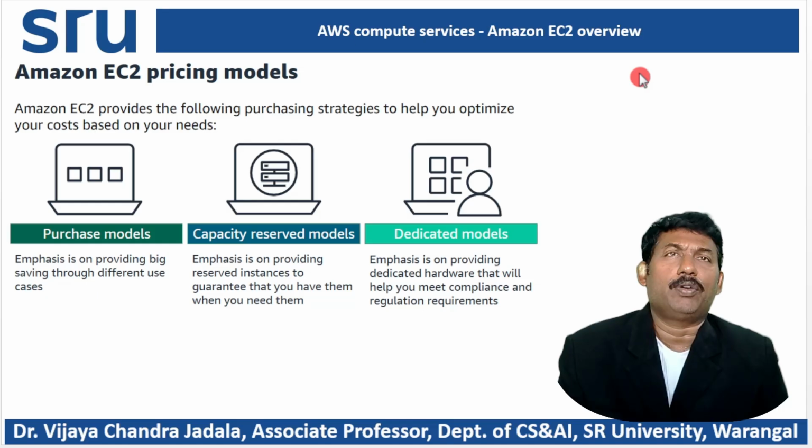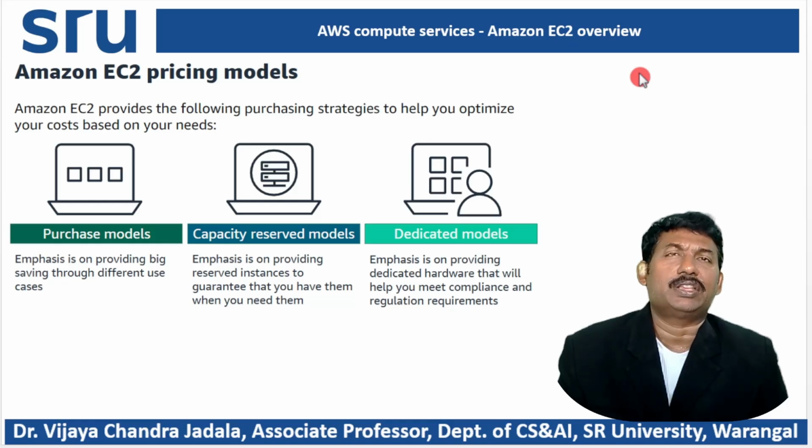Amazon EC2 provides the following purchasing strategies to help you optimize your costs based on your needs. First is the purchase model, which emphasizes providing big savings through different use cases.